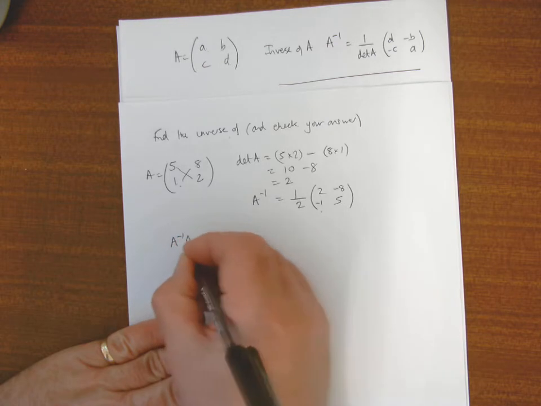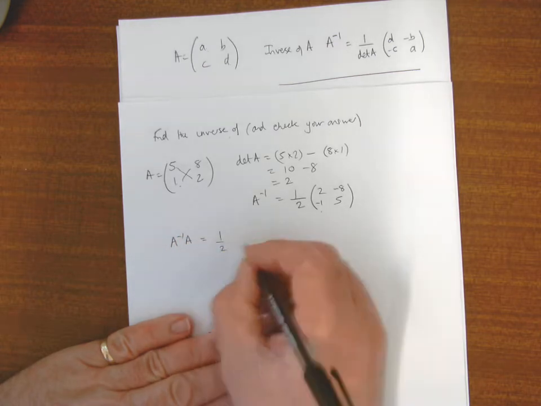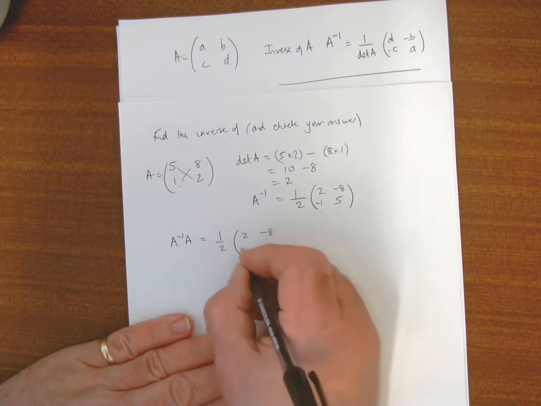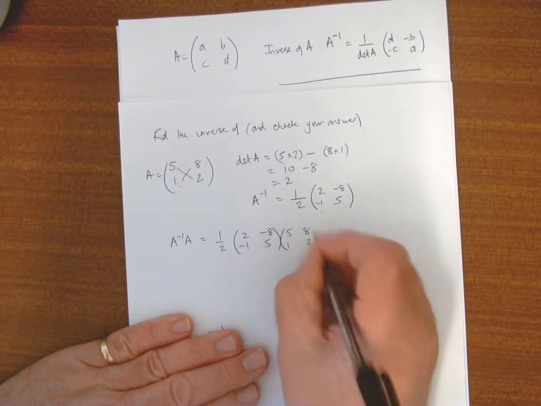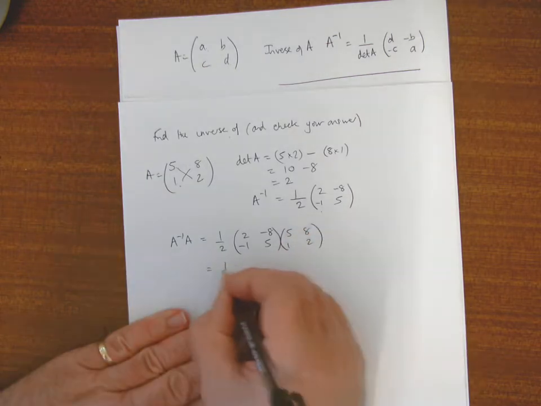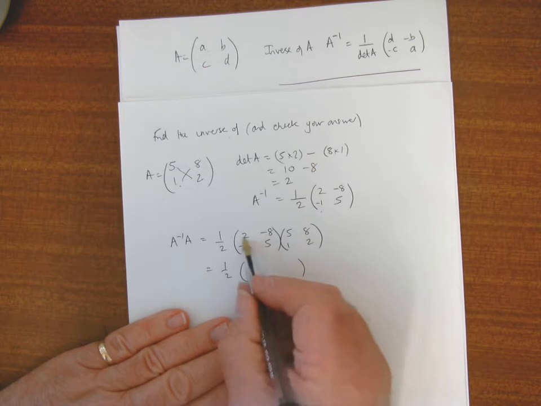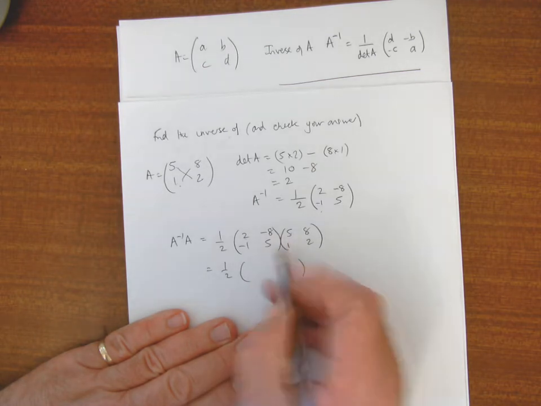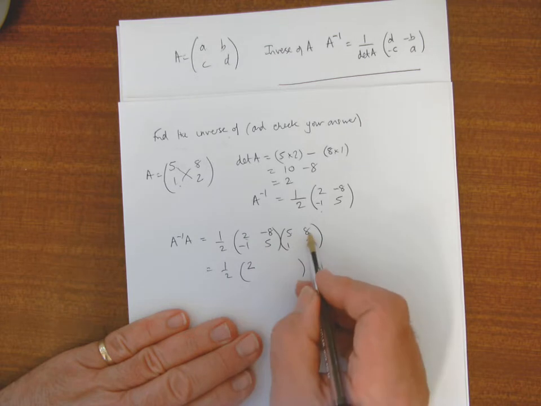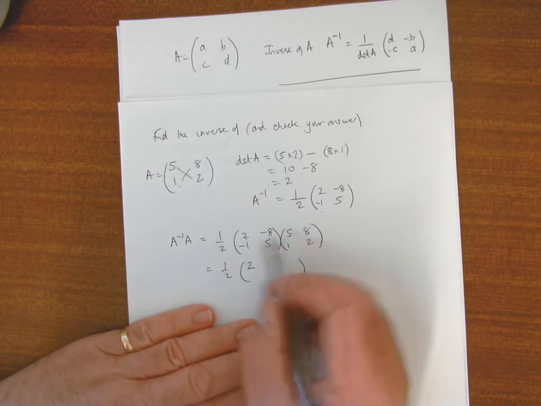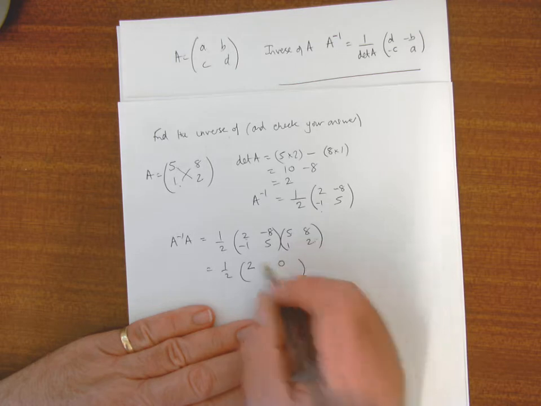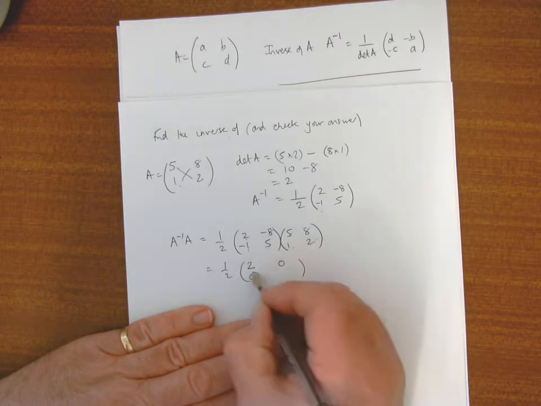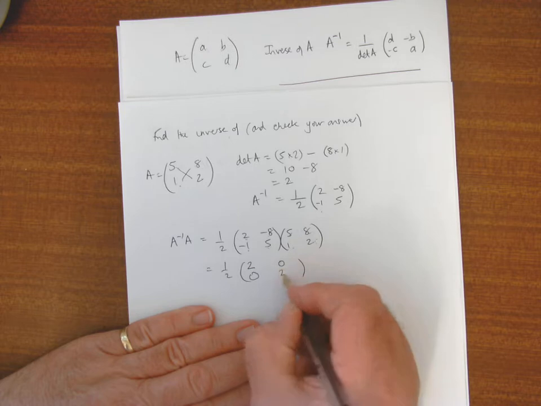Now then, what an inverse does, if I multiply a matrix by its inverse, so A to the minus 1 times A, so half, 2, minus 8, minus 1, 5, times 5, 8, 1, 2. Leave the half there for the moment. If I multiply this out, cross and down, 10 take away 8 is 2, 16 minus 16 is 0, minus 5 plus 5 is 0, minus 8 plus 10 is 2.